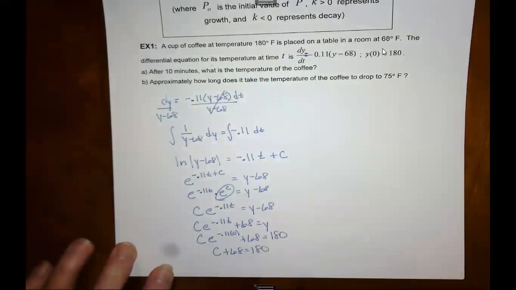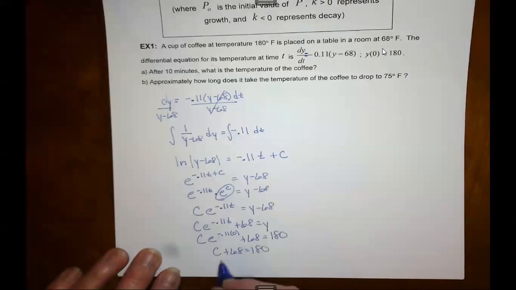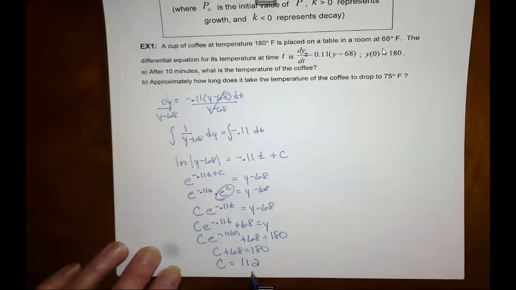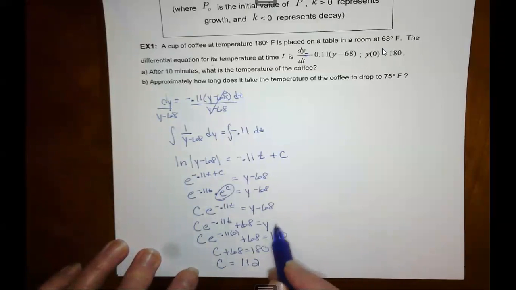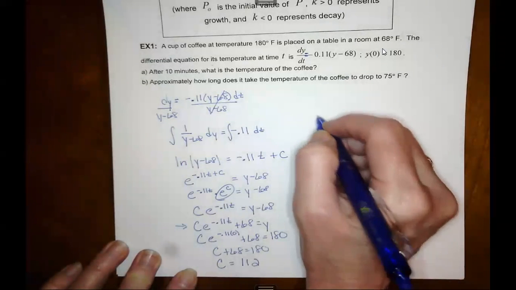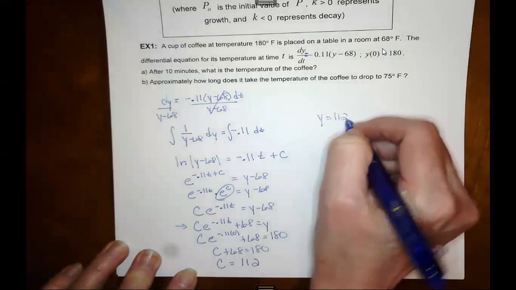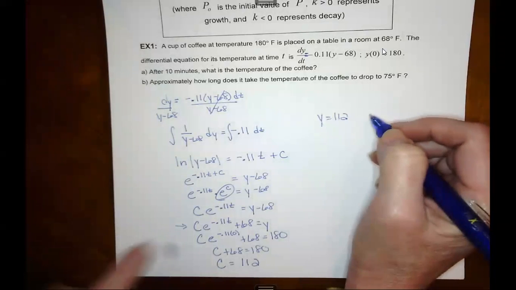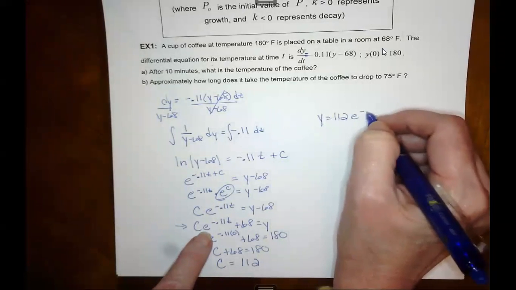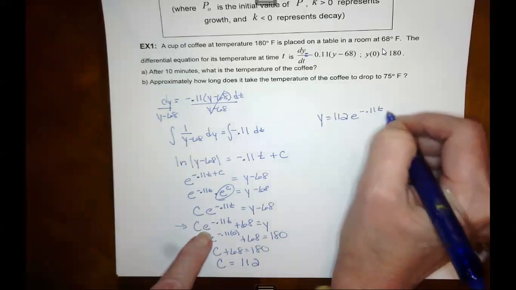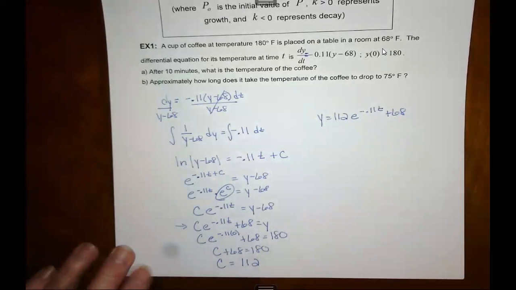So if I subtract 68, c equals 112. All right, so the equation that I get when I plug in 112, we'll use this form right here. So I have y equals 112 e to the negative 0.11 t power plus 68. So that is exactly what we did last week.